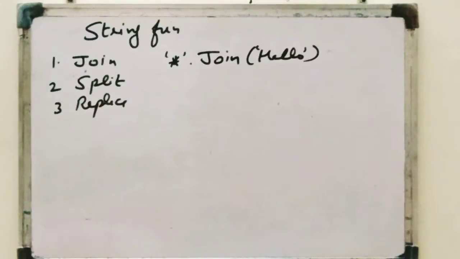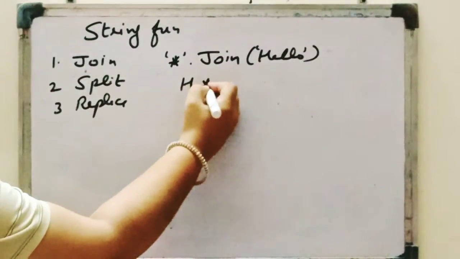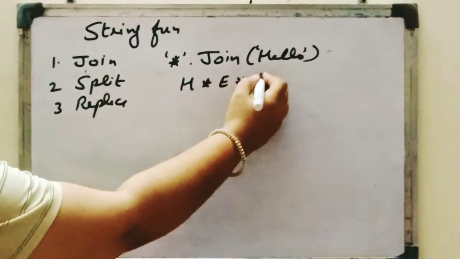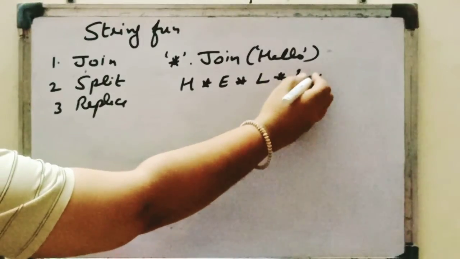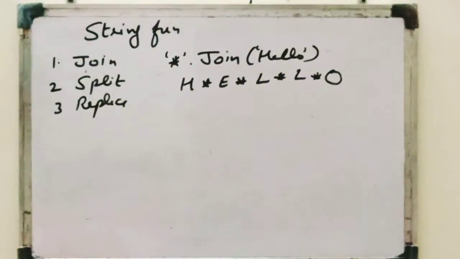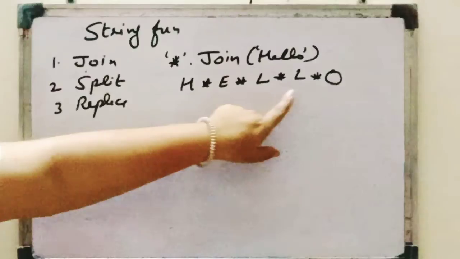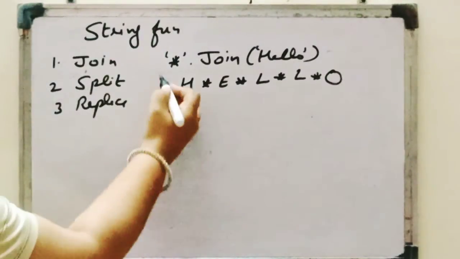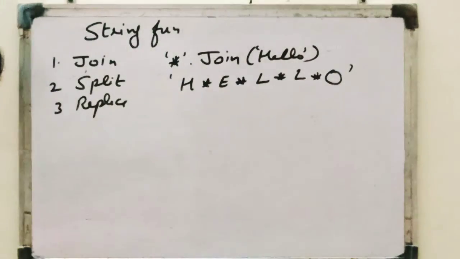So the answer will be h star e star l star l star o. For every character this value is joined.